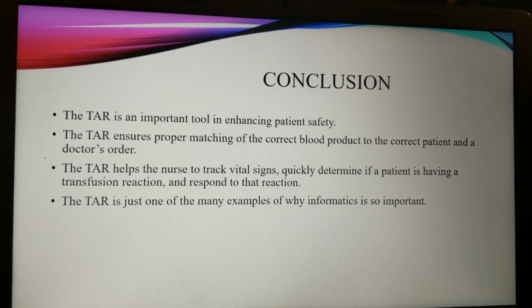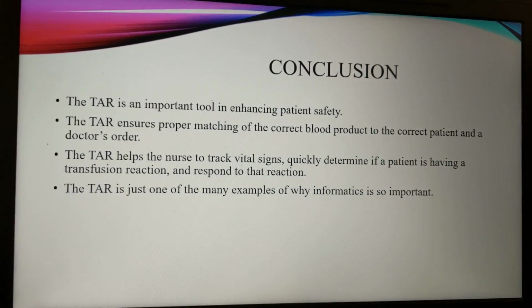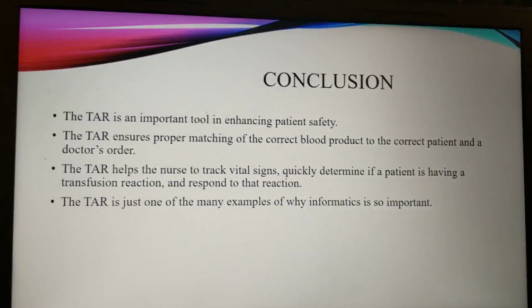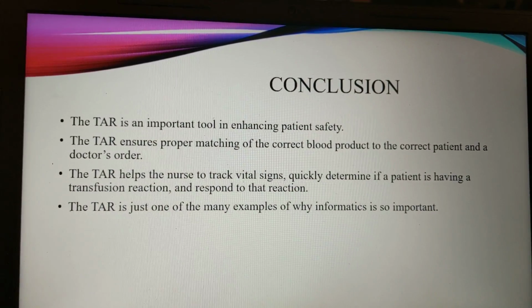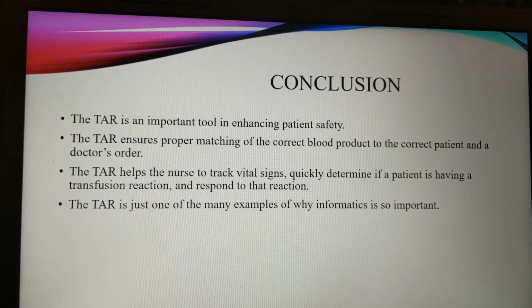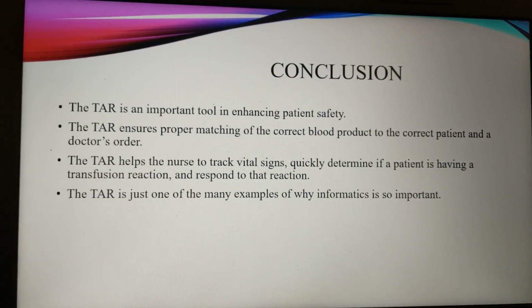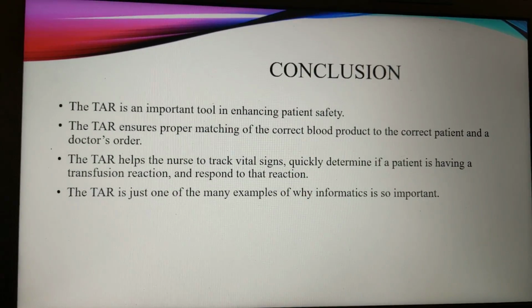So we have to be sure we are putting in the correct person, the correct blood product, the correct time, just like medications. There's the 6 rights. Those are very important to follow with the TAR as well.